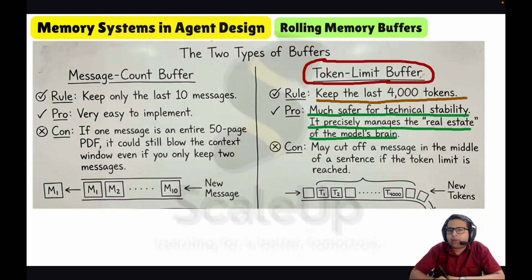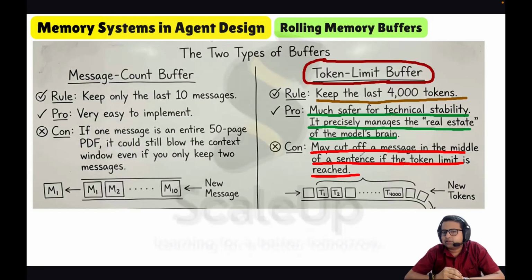Now it has one drawback. The drawback of the token limit buffer is that it may cut off a message in the middle of a sentence if the token limit is reached. See, suppose we are filling the buffer, and in the middle of a message the buffer got filled.